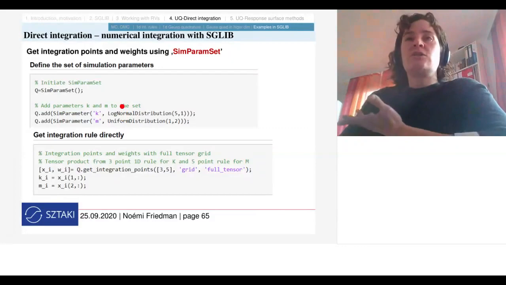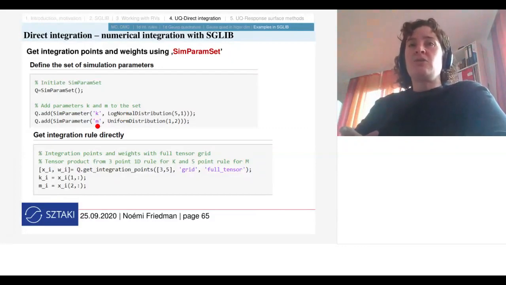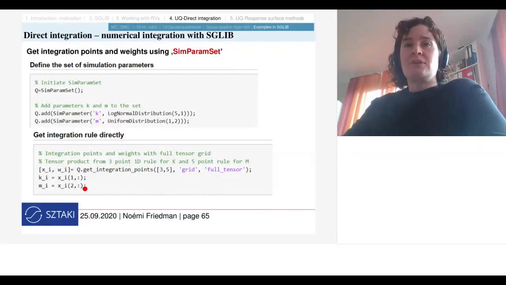Now, later on, I will suppose that these two are independent from each other, which in most cases I cannot really suppose, but this time I will. And then the integration rule is directly given by calling the sim param set's get integration points function. I can define different degree rules in the two directions.